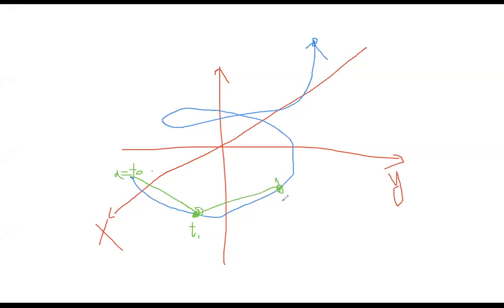And the next step, moving here, T2, again T3, T4, T5, T6, and T7, which is the endpoint.